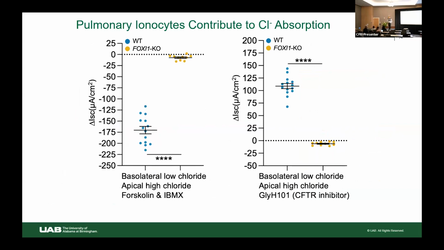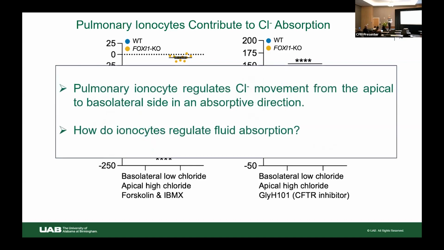The level is close to zero when you compare to those wild type cultures. Those graphs are CFTR activation and inhibition conditions on short circuit current change. So then we made a conclusion that pulmonary ionocytes regulate chloride movement from the apical to basolateral side, which is in an absorptive direction.